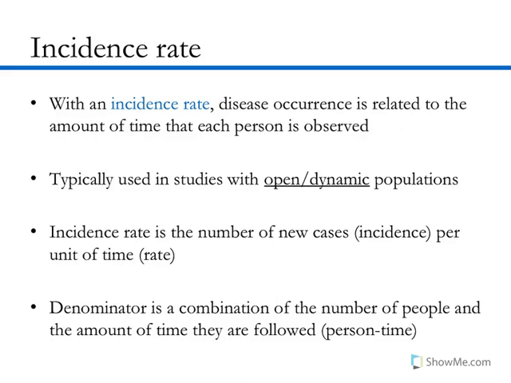But with incidence rate, we can use the data that they contribute to get a more accurate picture of what the rate of new disease occurrence looks like in our population or in our particular study.